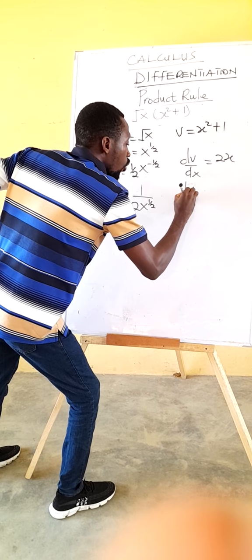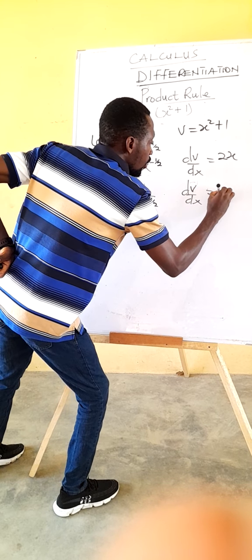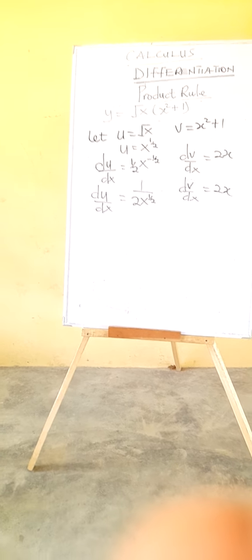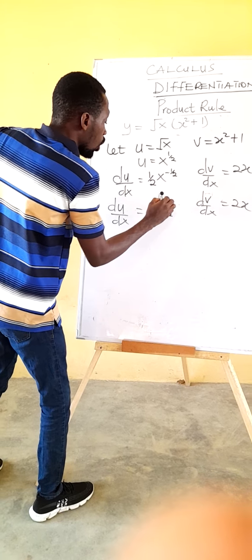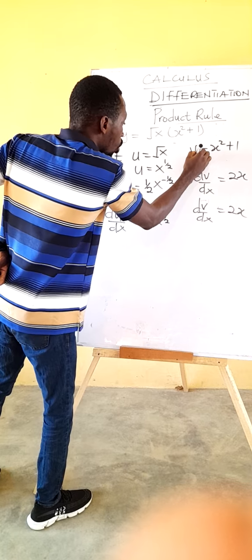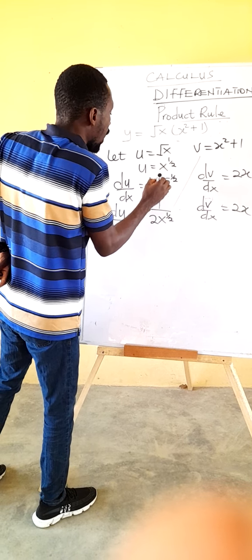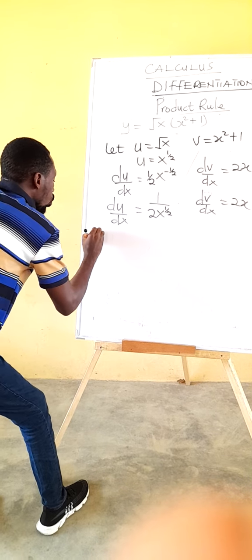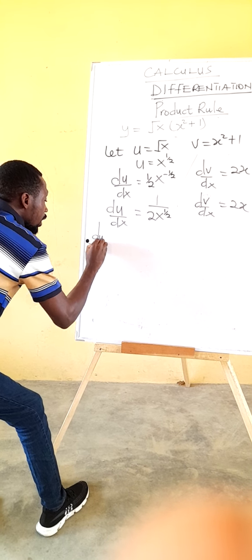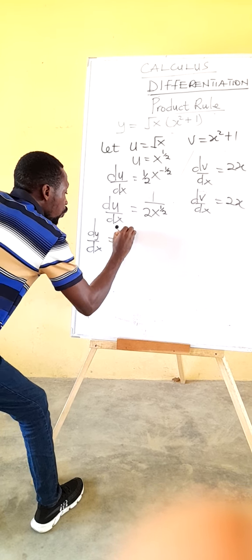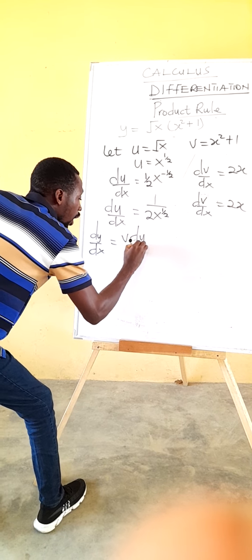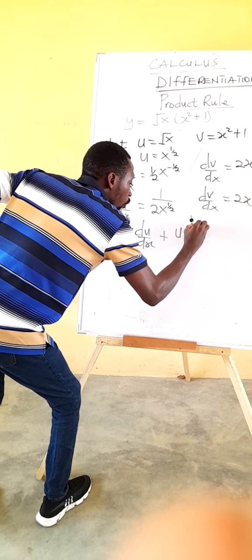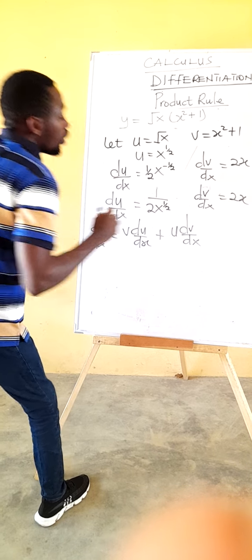Then our dv over dx is still that, 2x. So what is the product rule saying? Product rule is saying that you let this multiply this times this multiply that. So our dy over dx will be equal to v du over dx plus u dv over dx.